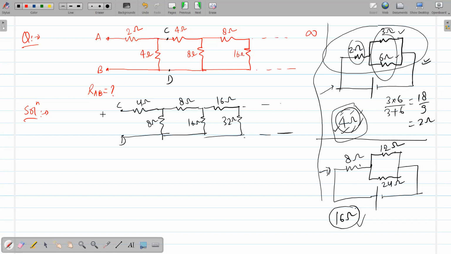So if you compare these two circuits, and if I consider R equivalent across AB as R, then tell me, each resistance of this whole circuit has been multiplied by a number 2, isn't it? Tell me this.